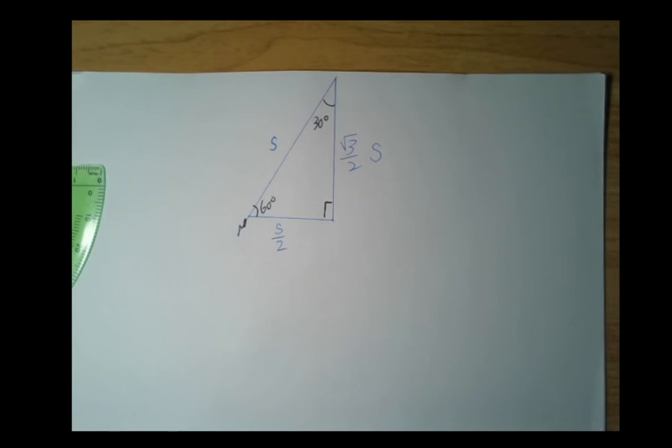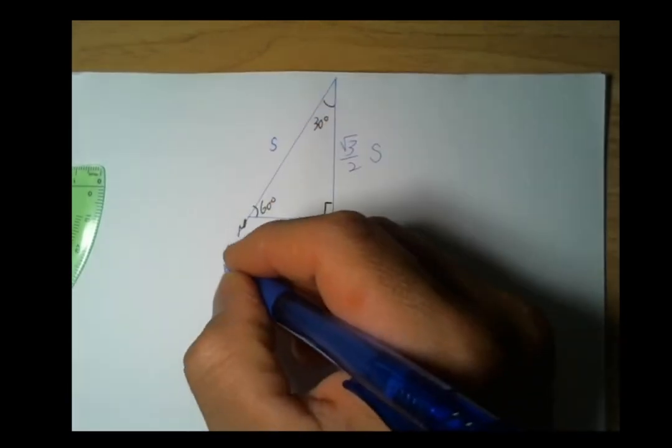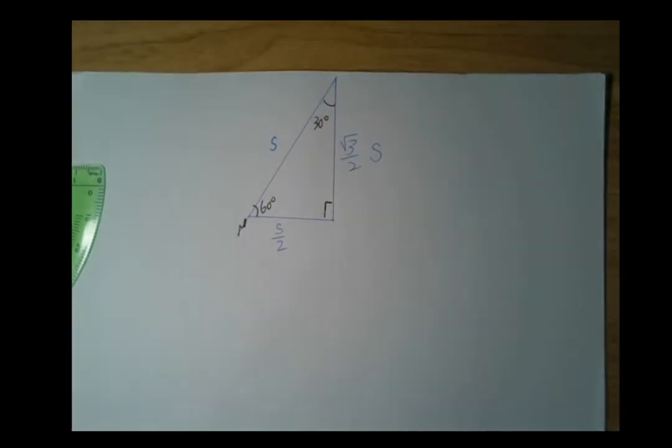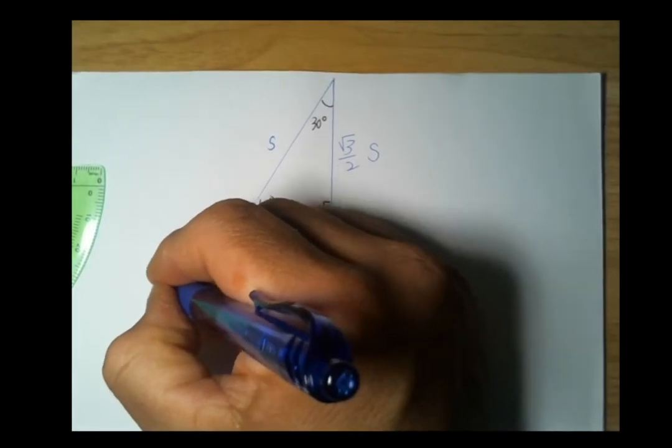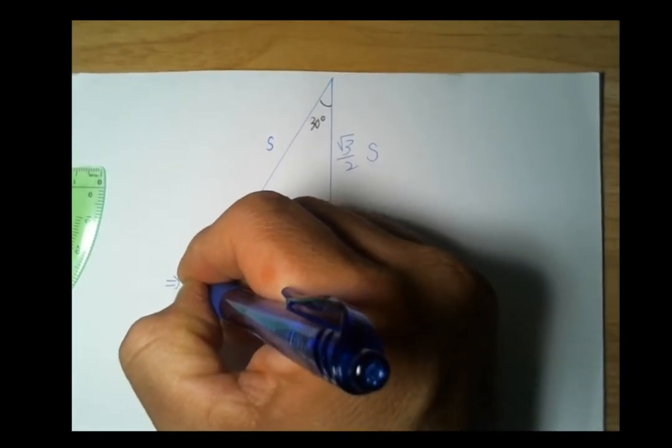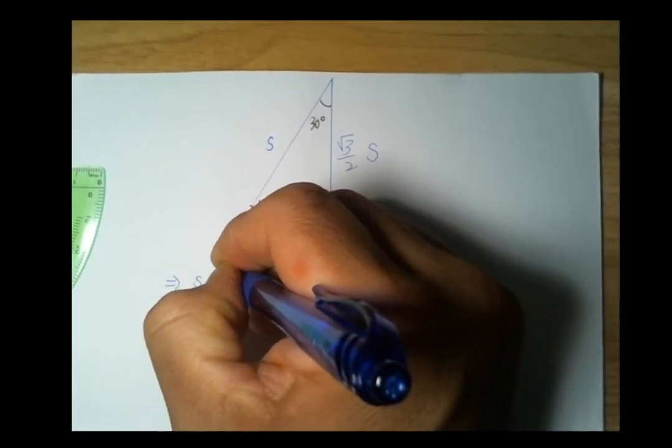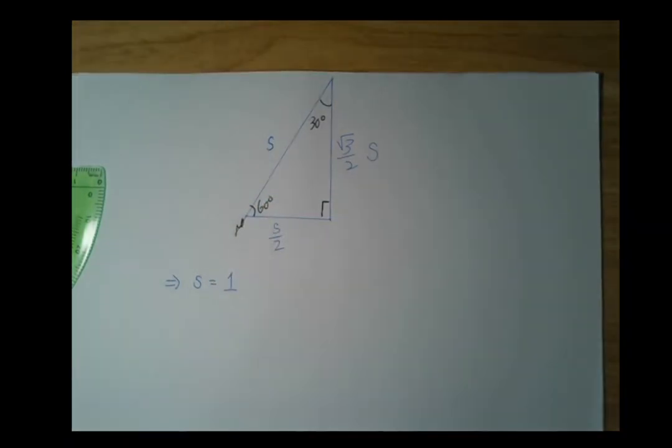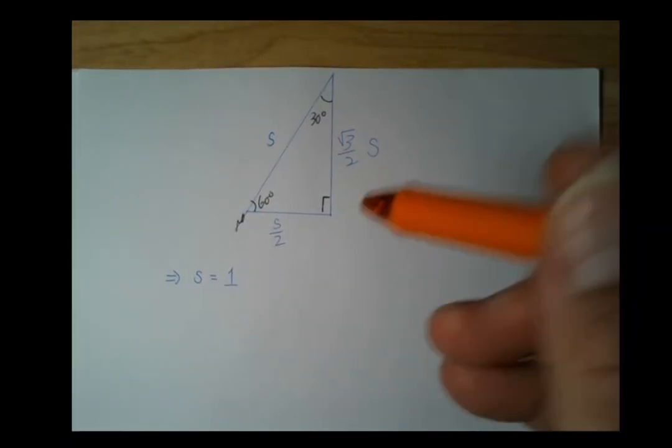Now when we transition to our unit circle, that hypotenuse is going to be the radius of a circle of unit 1. So for our unit circle purposes, let's just let S equal 1.